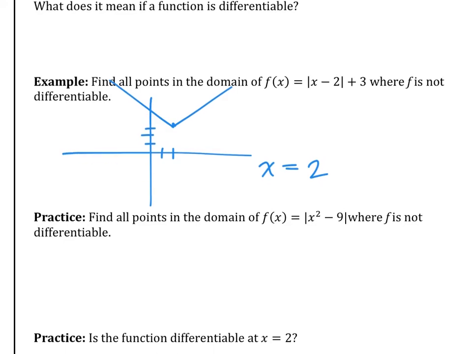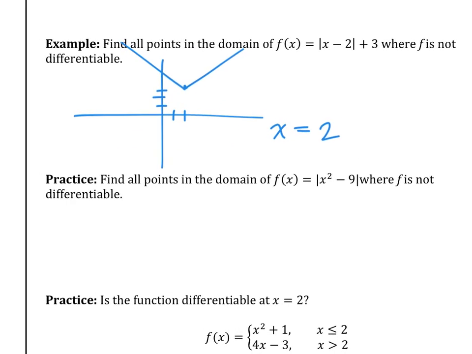Let's have you pause the video and find all the points in the domain of this function where it's not differentiable. I'm going to give you a really quick graph. This is basically a half circle, but because there's an absolute value, it's not really a half circle but a parabola, and then it pushes up like this.